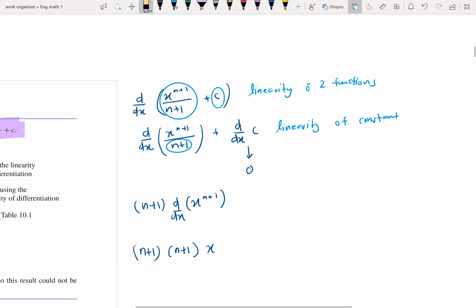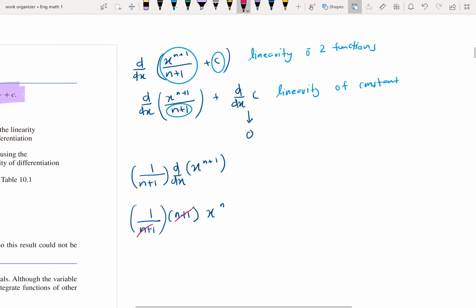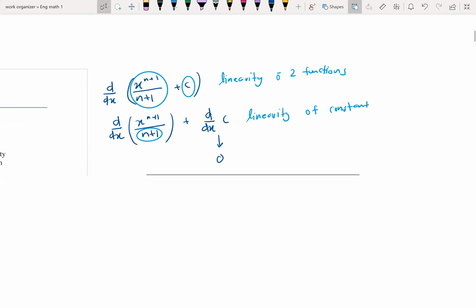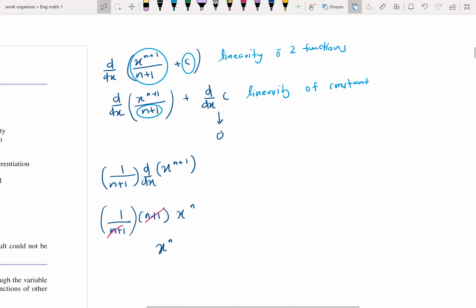Oh, sorry, this should be a fraction, right? So it should be 1 over n+1, and then the n+1 will come down here, so we can cancel this out. What is left is only xⁿ.